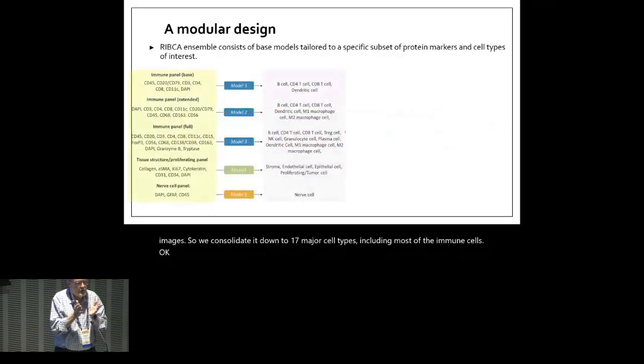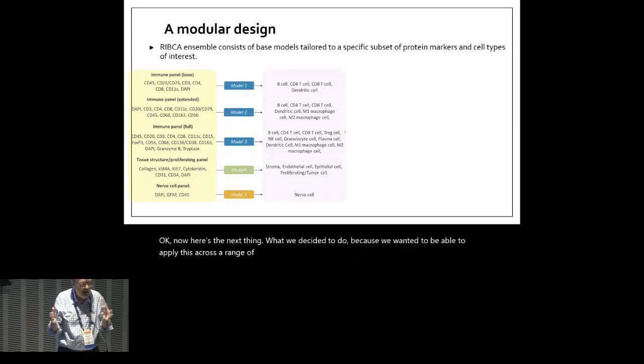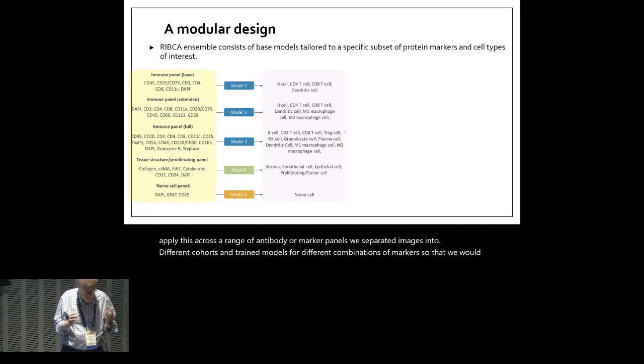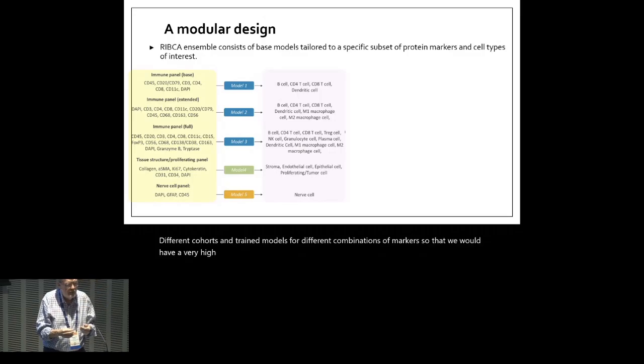Okay, now here's the next thing. What we decided to do, because we wanted to be able to apply this across a range of antibody or marker panels, we separated images into different cohorts and trained models for different combinations of markers, so that we would have a very high resolution immune model, and a lower level model, and then we had a model for nerve cells and so on, right?